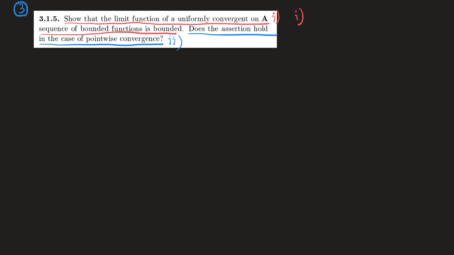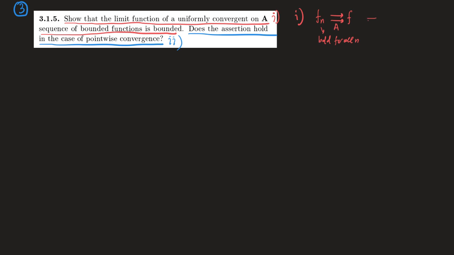Now let's look at this question. Show that the limit function of a uniformly convergent sequence of bounded functions is bounded. I have a sequence of functions f_n, each of them bounded for all n, and assume that they are uniformly converging on A to some function f.